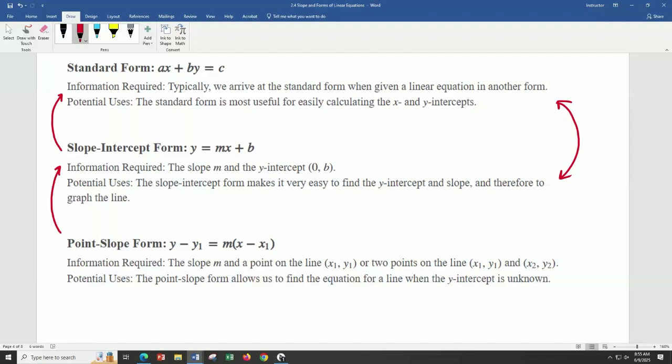Point slope form right here is usually the guide that you're going to use to get it to one of the top two. Notice for point slope form, you have to be given a slope or you need 2 points. No slope, you have to have 2 points. If you don't have 2 points and no slope, you can't do anything.